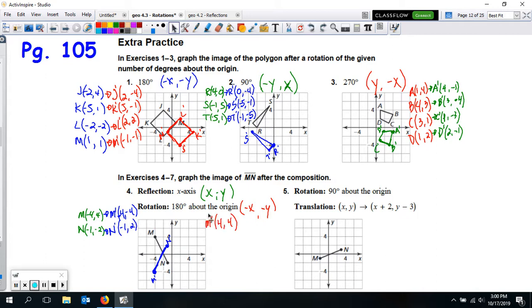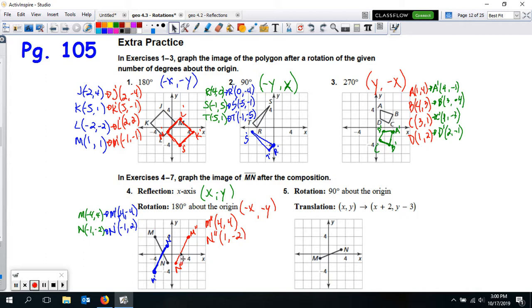So this will be M double prime with 2 marks, and now they're both +4s because you're going to change both signs to their opposites. This one will become +1, -2 for the N double prime. So +1, -2, both will change to their opposites, and now we plot these 2 points here, the red points that I got, and you can see the M is in the first quadrant where they're both positive, N is in the fourth quadrant.